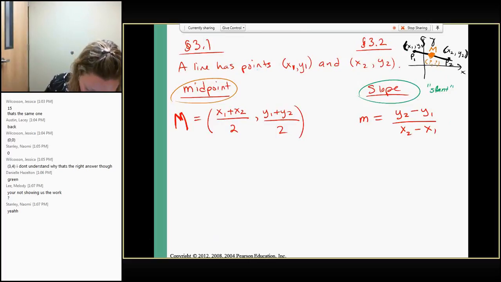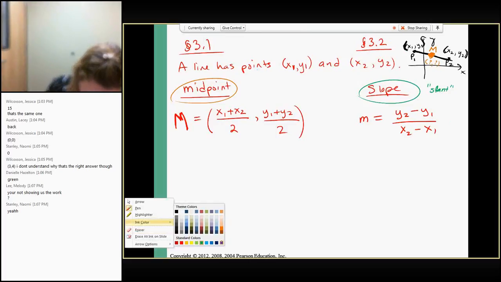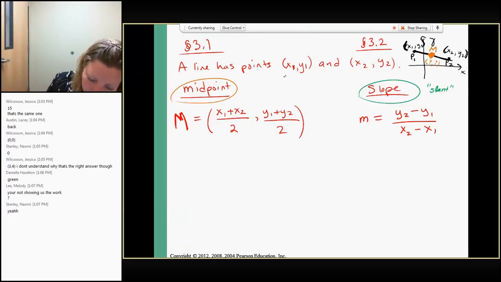Okay, so let's do an example. Let's say I have a point. Point 1 is going to be, make it look kind of close to the picture, -2, comma, let's do 4. And the second point over here is going to be, let's make it kind of dramatic, 5, comma, 2.